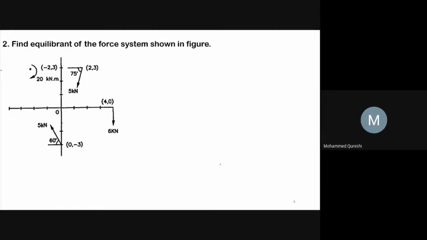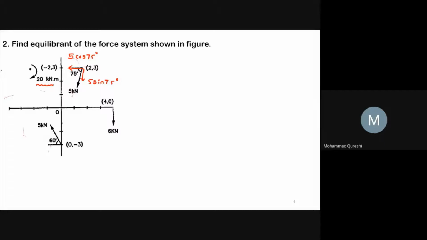Find the equilibrium of the force system shown in figure. So here 20 kilonewton into meter is moment. Here 5 kilonewton makes an angle 75 degree with the horizontal x-axis, hence it will have two components. First will be 5 cos 75 degree and the second will be 5 sine 75 degree.